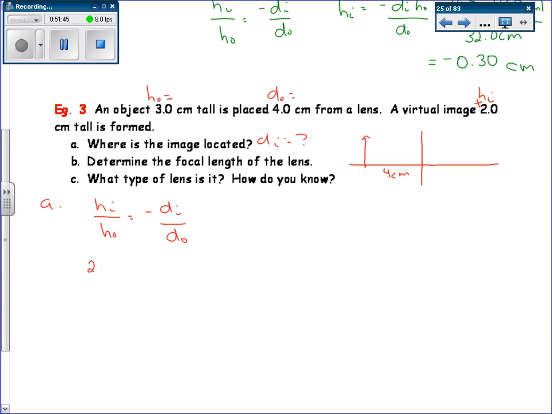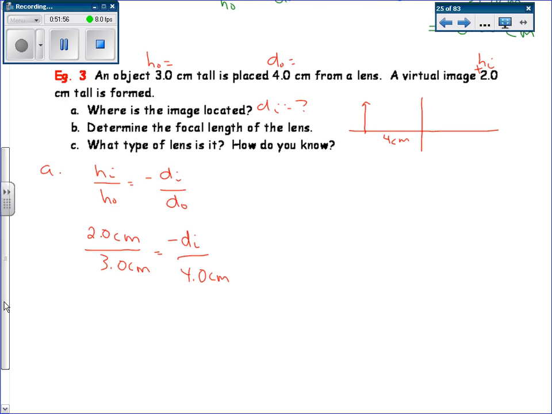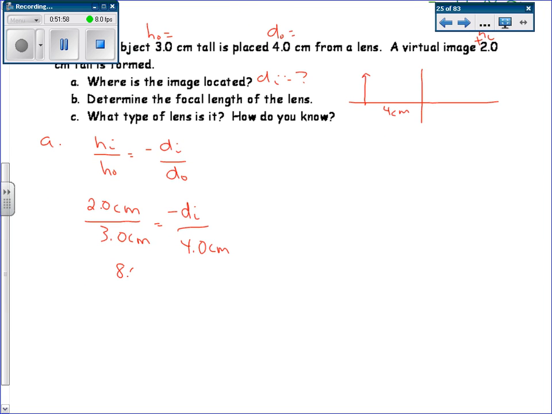So 2.0 centimeters over 3.0 centimeters equals negative DI over 4.0 centimeters. So 8.0 centimeters squared equals negative 3.0 centimeters times DI. So DI is equal to negative, it's about 2.7 centimeters.